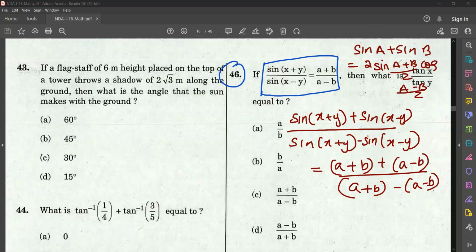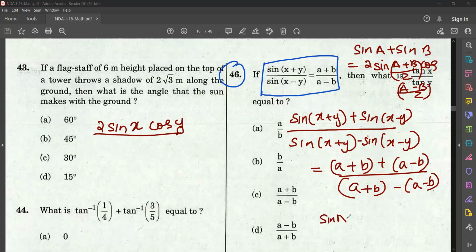Applying that on this side, it becomes 2 sine of (x plus y plus x minus y) by 2, that is x, cos of (x plus y minus x plus y) by 2, that is y.